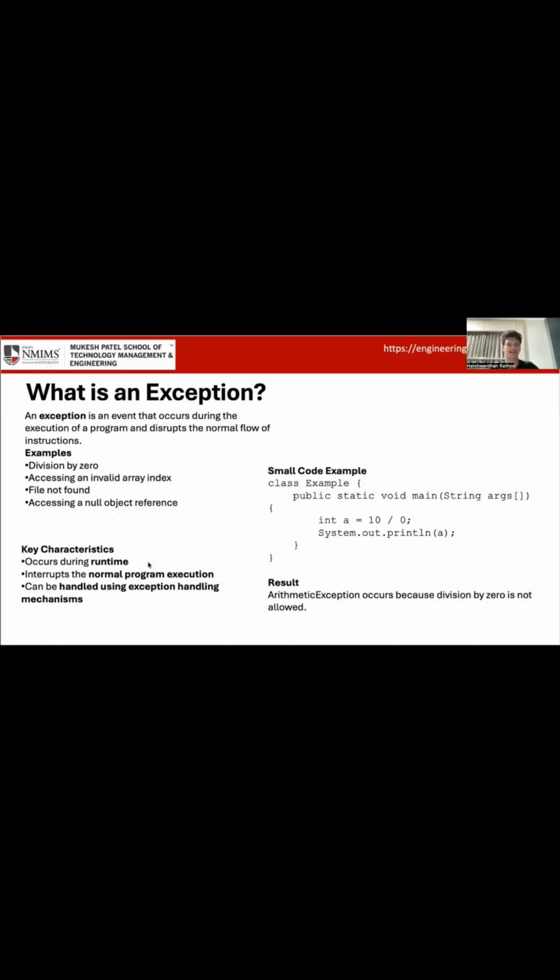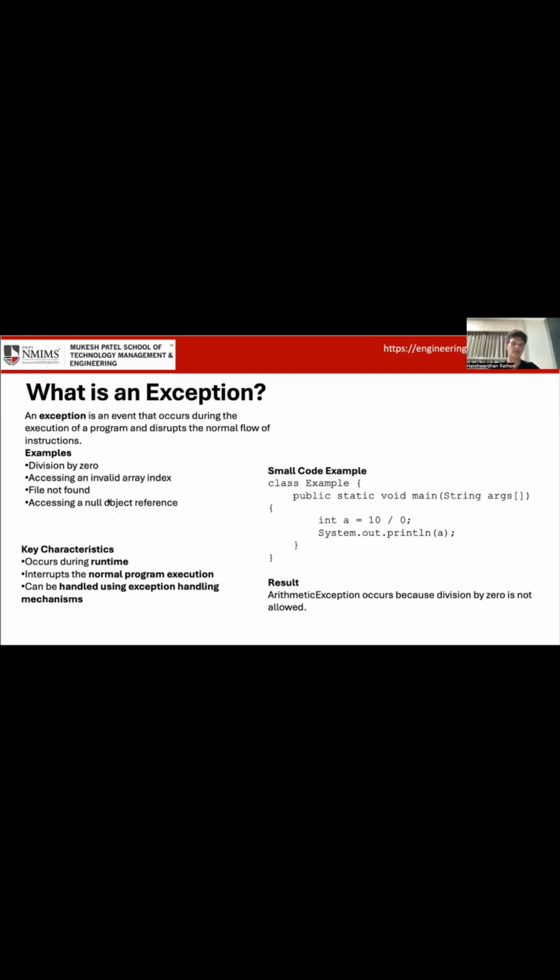So what are the key characteristics of an exception? It occurs during runtime, it interrupts the normal program execution, and it can be handled using exception handling mechanisms. As I told you, division by 0 results in an exception and will disturb the flow of the program.